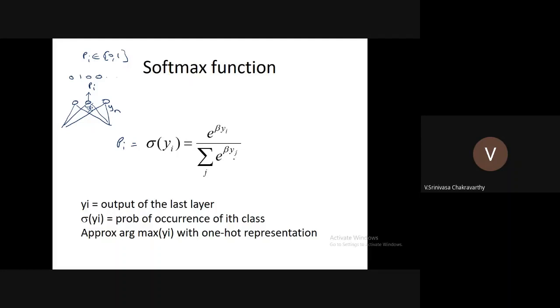One thing this gives you is that the sum of pi is equal to 1, which makes sense because an input belongs to only one class. Ultimately the probability for that class is 1 and the probabilities of all the other classes are 0. But even if that's not the case, the probabilities should add up to 1. So that intuitive requirement of probabilities is satisfied by this formula.